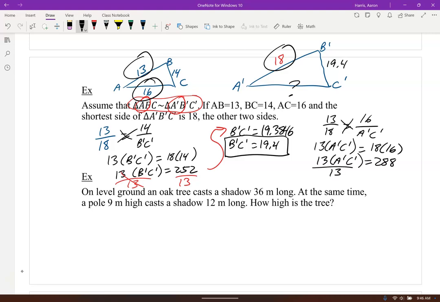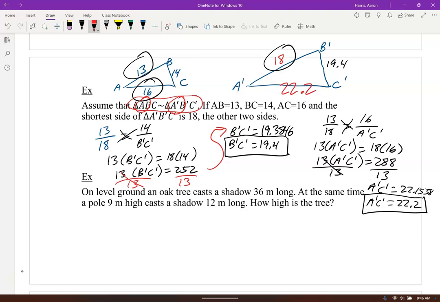Now let's divide by 13. So A prime C prime equals 288 divided by 13, which is 22.1538. Let's round that to the nearest tenth as well. So 22.2 is A prime C prime. So I can erase this question mark up here and put in 22.2 right there for A prime C prime.